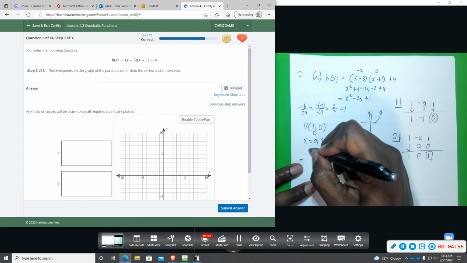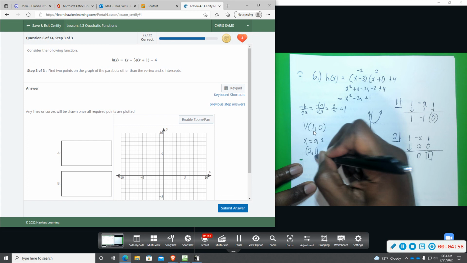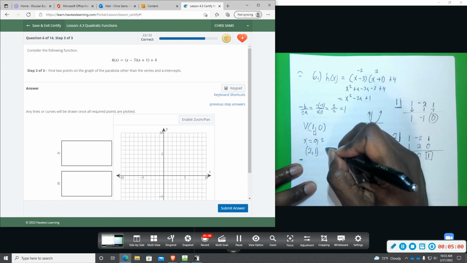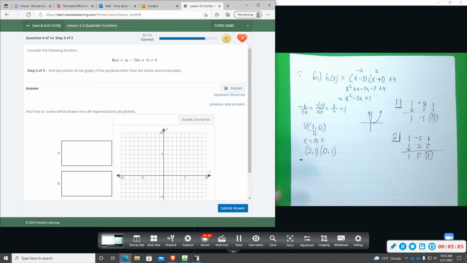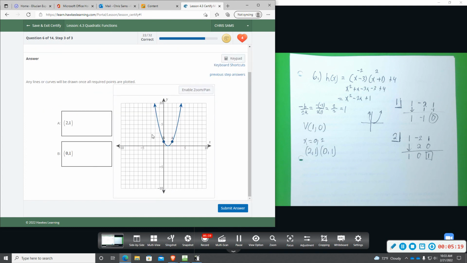So I get the ordered pair 2, 1, and the ordered pair 0, 1. And I'm going to put those here. 2, 1, and 0, 1. And it makes my parabola.